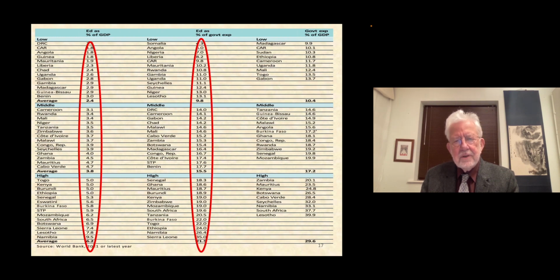Whether or not this is sufficient is a good question to ask, and it does have answers. And the answer is that if you're spending less than 10% on education as a proportion of government expenditure, it would seem to be an indicator that it has a low priority rather than a high priority. If on the other hand you're spending more than 20%, you're probably giving a high priority to education, though not necessarily basic education.